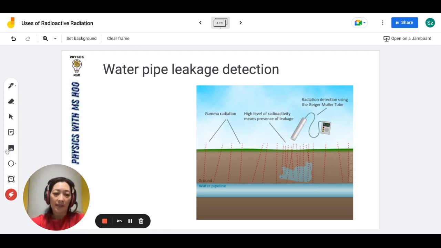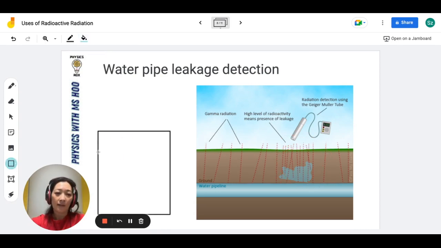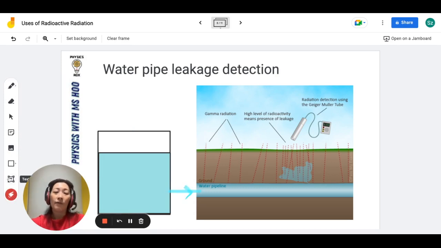How this works is, normally, we would place a radioactive source inside the water at the source, that means where the tank is. The kind of radioactive material in this case has to be something that can dissolve easily in the water and is chemically safe. Normally, we would use radioactive salt.